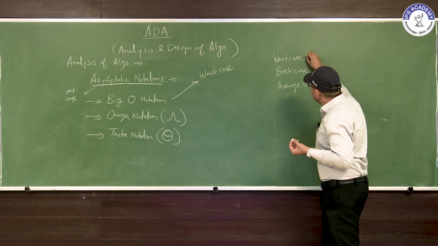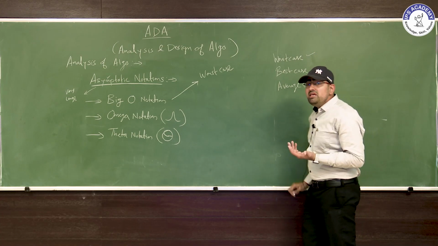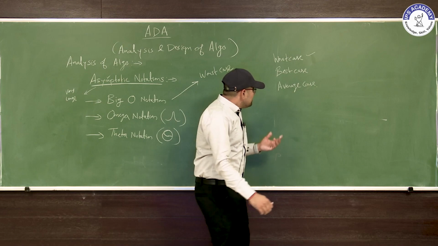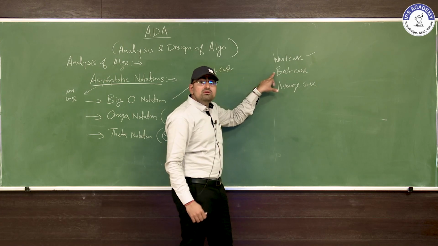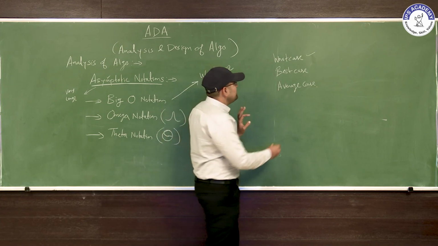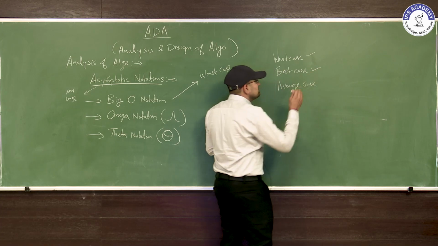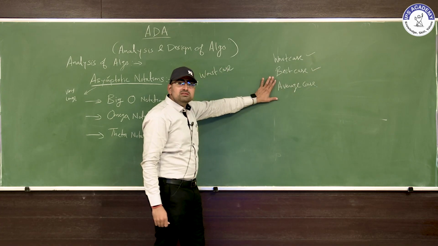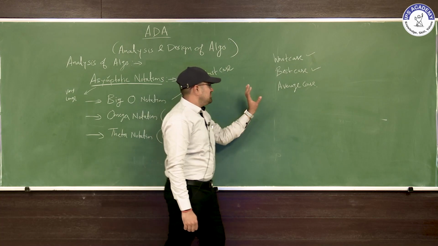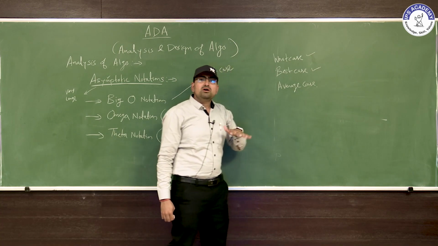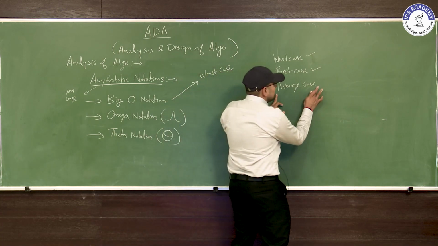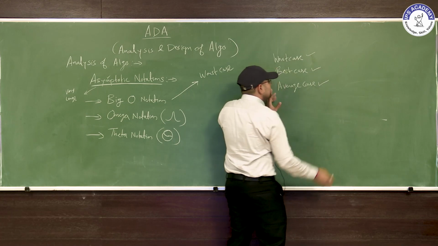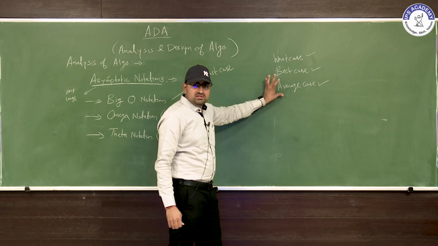So that would be the worst case of that algorithm. Maybe for some set of inputs your algorithm gives the best results, so that would be the best case of that algorithm. Then average case: for some set of inputs, it may exhibit average behavior. So that would be the average case.